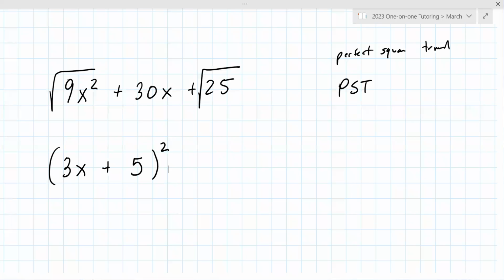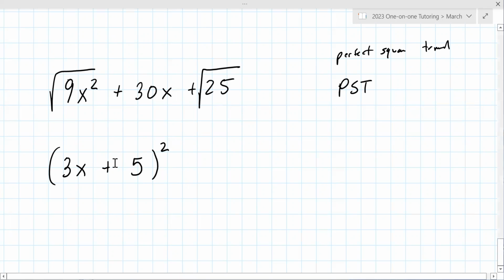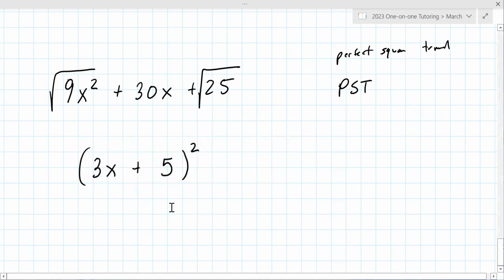How do you know when to do that? It's a good question. There's a little bit more to it. For right now, I'm giving you all of these that are perfect square trinomials. So the answer is if you multiply 3x times 5 together and then double it, do you get 30x, which is the middle term?